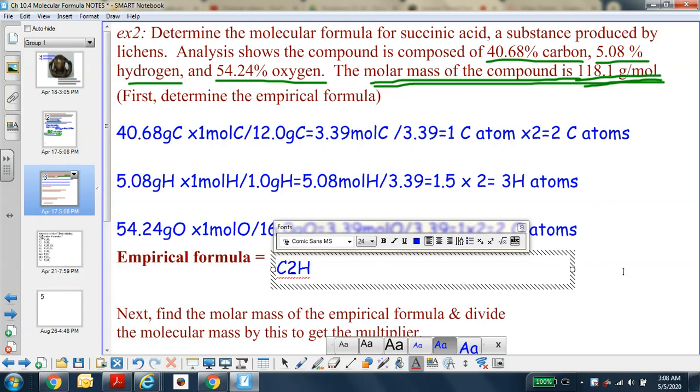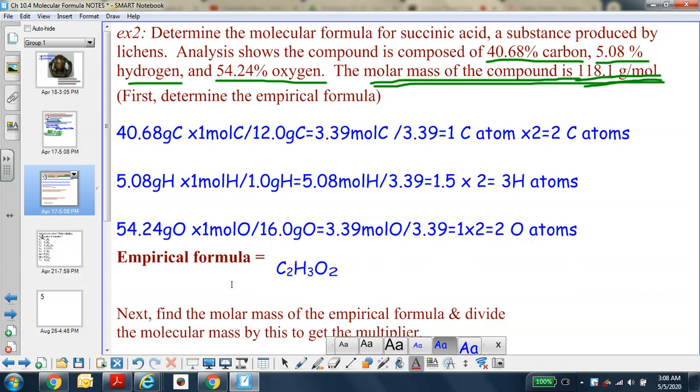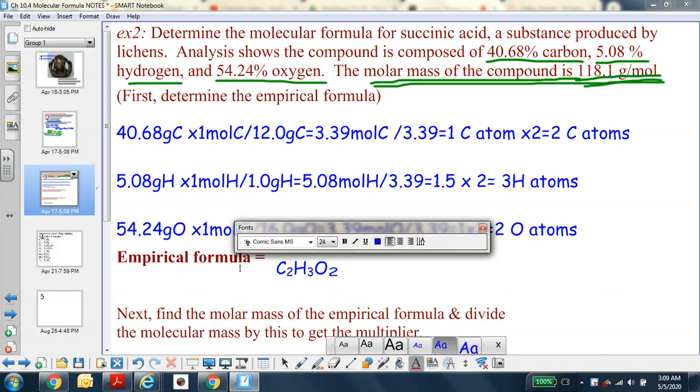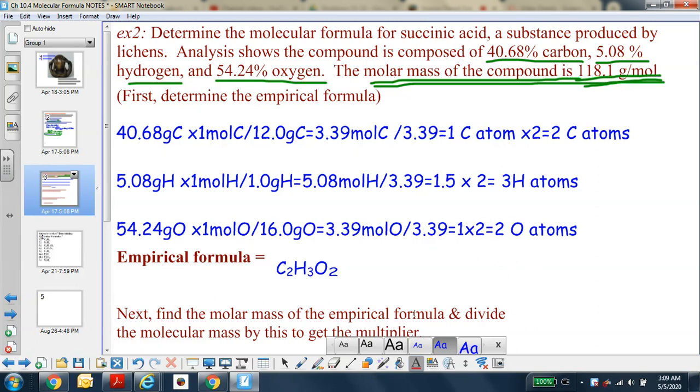C2, H3, O2. So here's my empirical formula. So this is pretty much where we are with the last example problem.